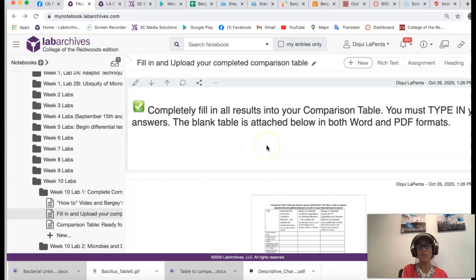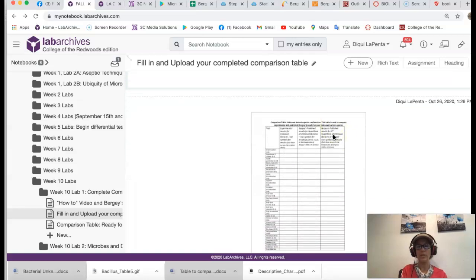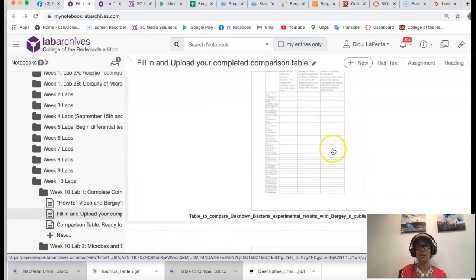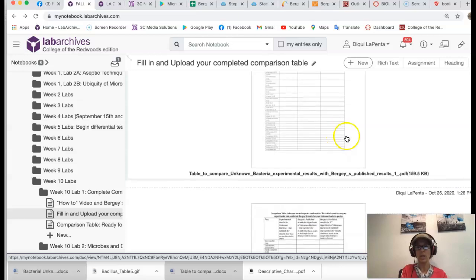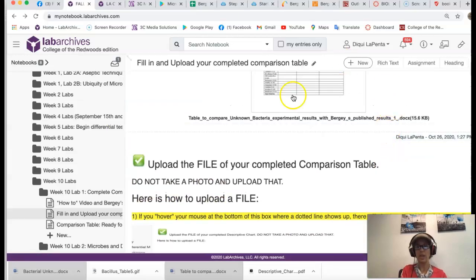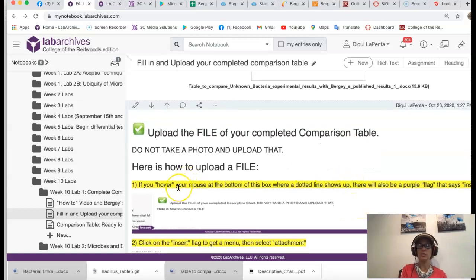Then I have said to completely fill in all your results into your comparison. You need to type in your answers. And then I have the blank document as a PDF and as a Word document. And then once again, the instructions for how to upload your file.